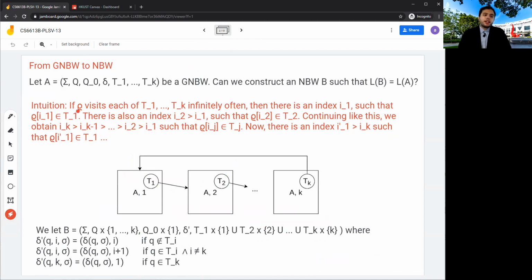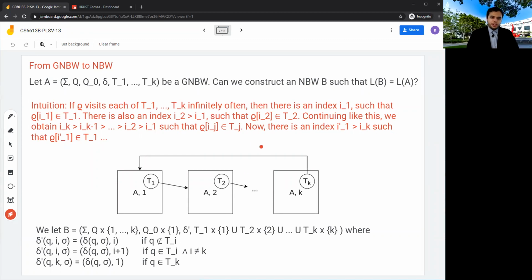So if I have a GNBW, generalized non-deterministic Büchi automaton A, which has all those parts and then k sets, I can actually construct a non-deterministic Büchi automaton B such that the languages of these two automata are the same. So I can construct an equivalent non-deterministic Büchi automaton.